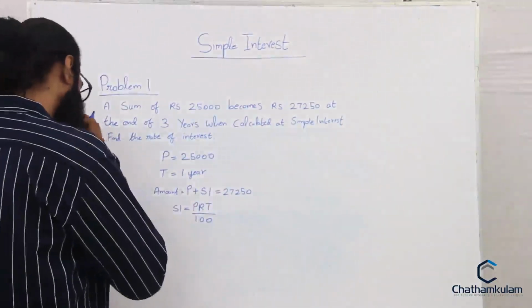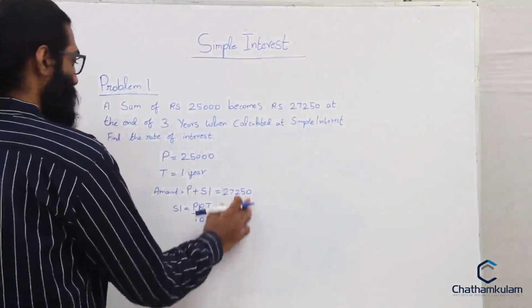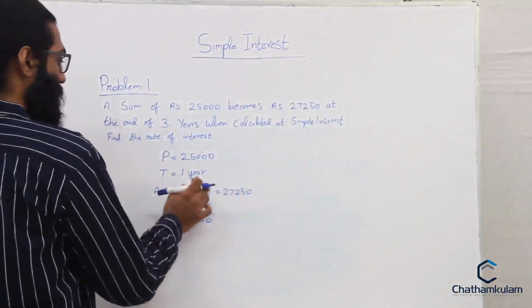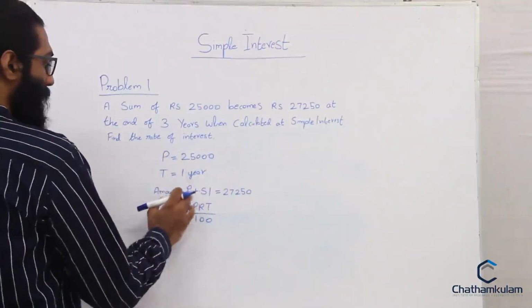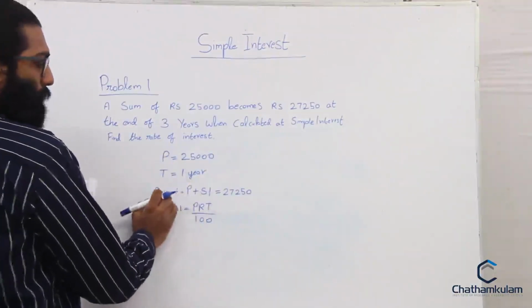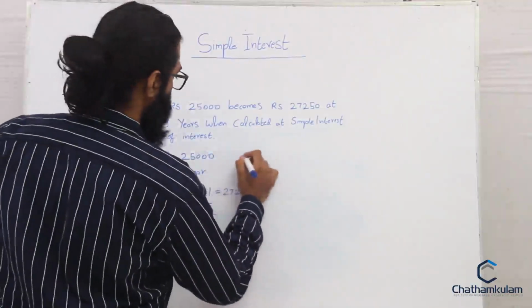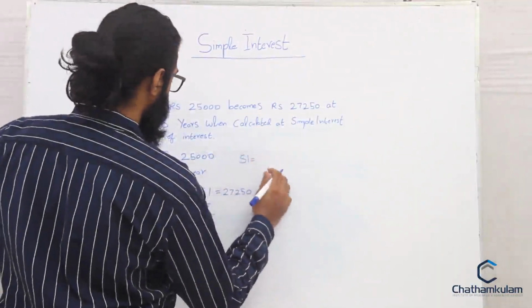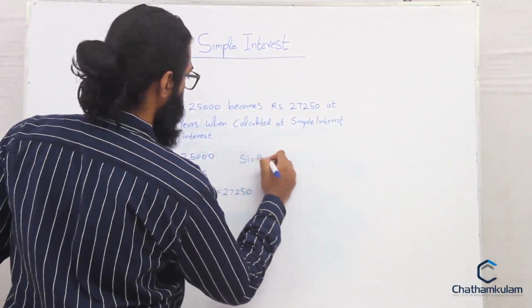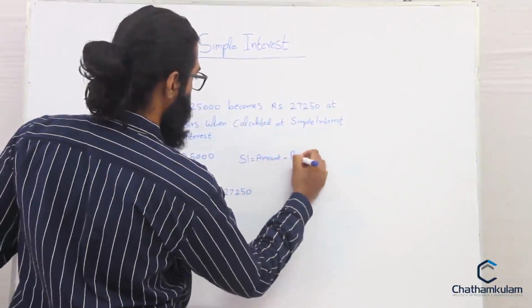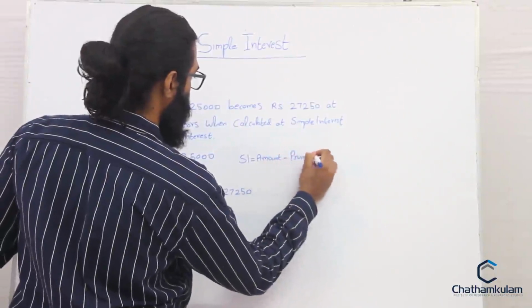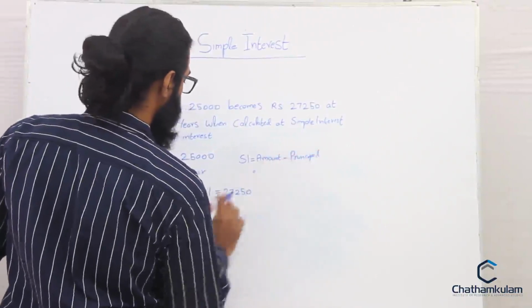So we can calculate simple interest from the principal and the amount. We calculate it as SI equals amount minus principal. What is the amount?